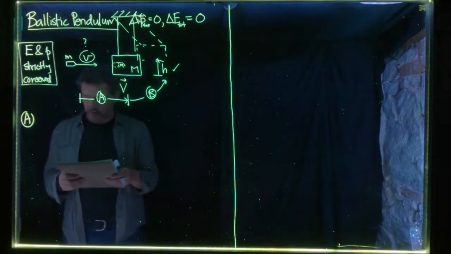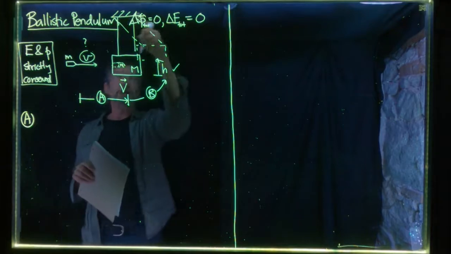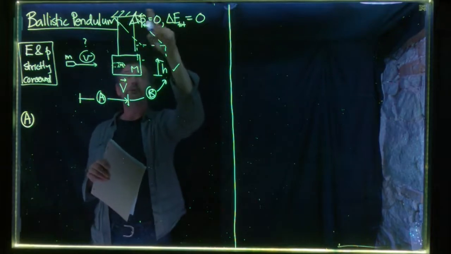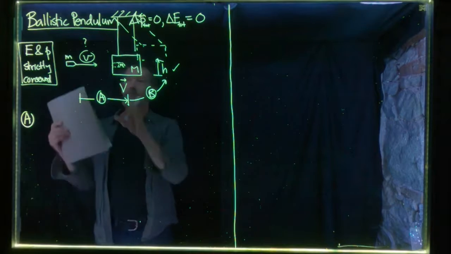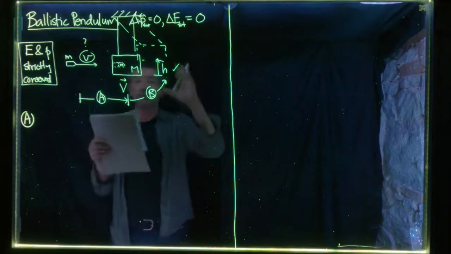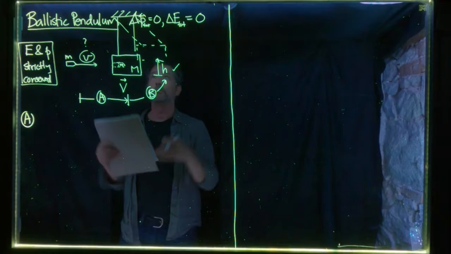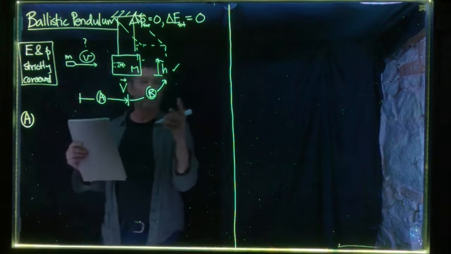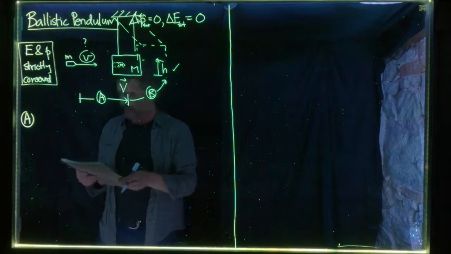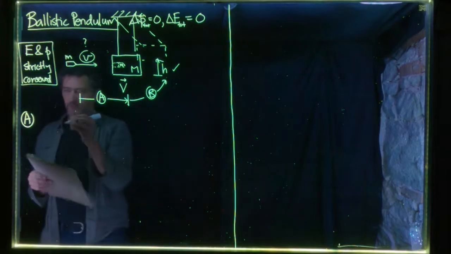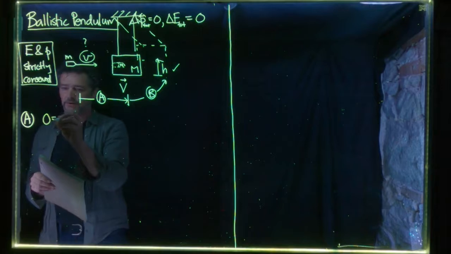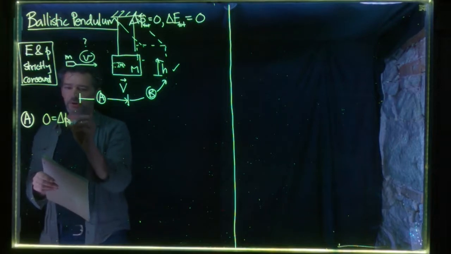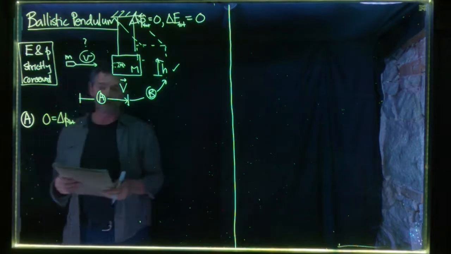So the idea is we're going to apply conservation of momentum in the form that if the momentum of one object goes down, the momentum of the other object has to go up, such that the total momentum remains unchanged, without regard to how the momentum is transferred. So we're going to say that the change in the total momentum is always zero.